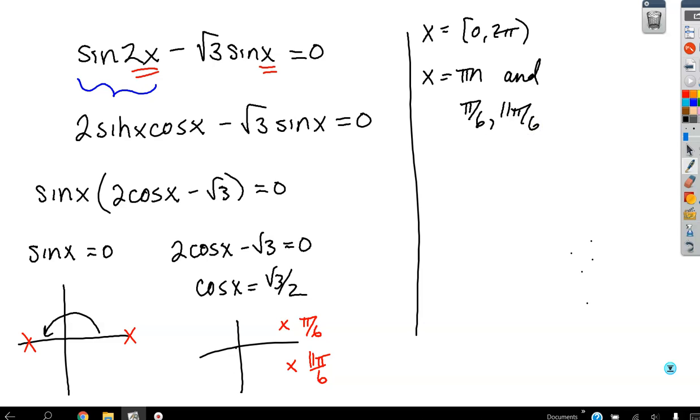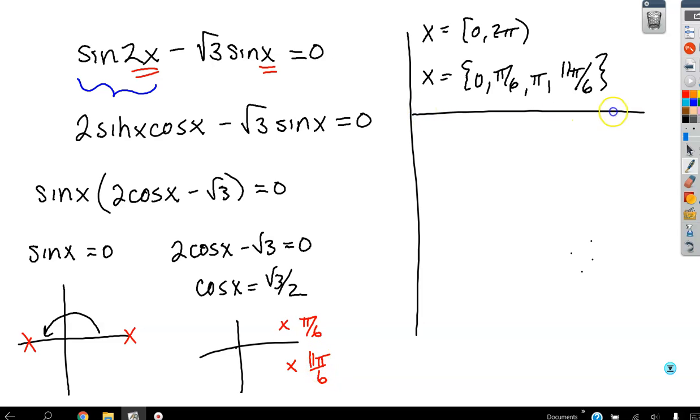Oops, I didn't mean to do pi n. I forgot I was doing the general solution, sorry. The particular solution would be just going around the circle. So I have 0, pi over 6, pi, and 11 pi over 6. A lot of times I'll put these all on one line, just so you know, but I was showing them separately because I like them to go in order. They should go from lowest to highest. So 0, then pi over 6, then pi, then 11 pi over 6. Okay, that would be my particular solution.